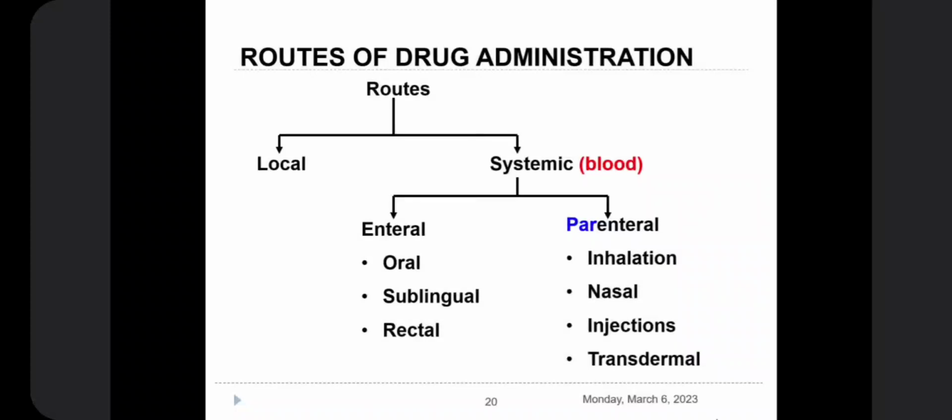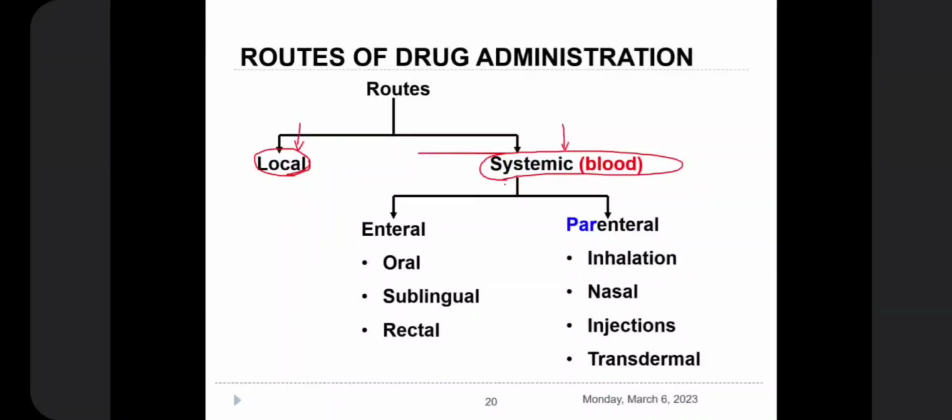Okay, next one. Let's see the types of route. Two types. One is local administration. Another one is systemic administration. Systemic means the drug will finally enter into the circulation, but with local, most of the drug cannot enter into circulation. So this is the difference: into the blood or not into the blood. Into the blood means the drug can follow the blood into the different tissues of our body.